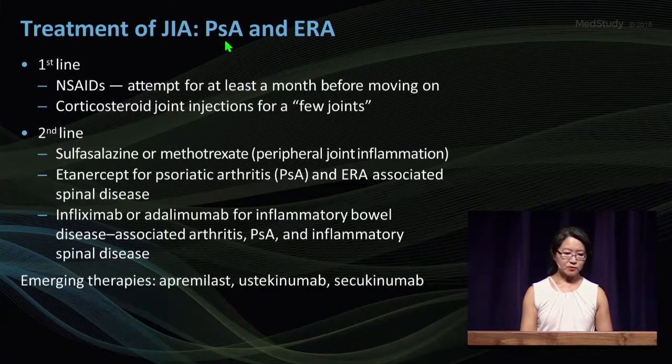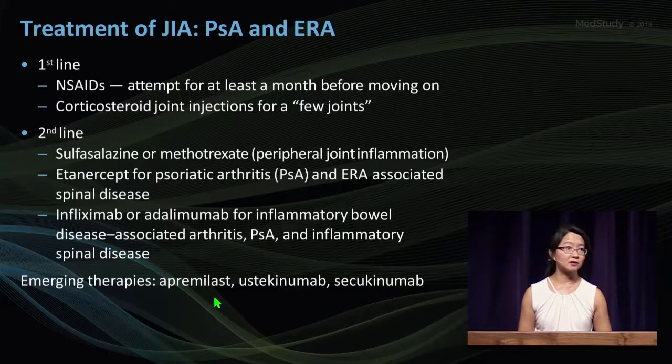So for patients with psoriatic arthritis and ERA, we also use NSAIDs and disease-modifying drugs. But if they have enthesitis, the oral DMARDs will not work. If they have enthesitis and spinal involvement, we have to use biologics, infliximab or adalimumab. The emerging therapy that has been approved for adults is apremilast.